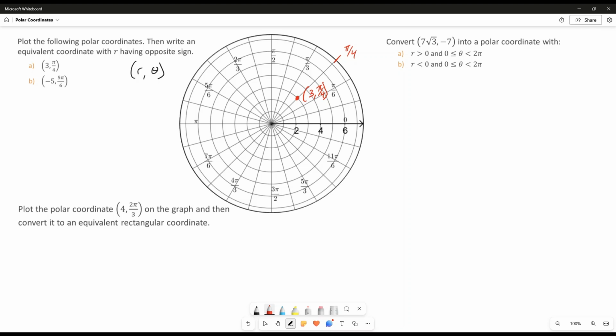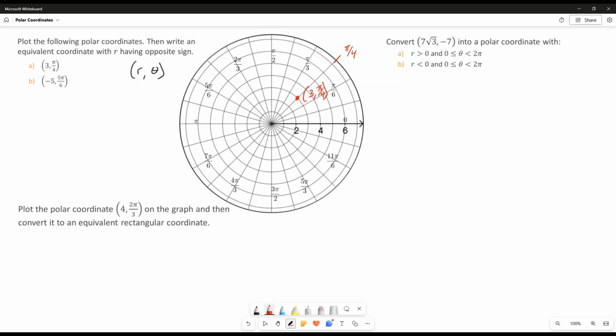So if we have a radius that's positive, it goes in the direction of the angle. So we saw in that first point, we had the pi over 4 angle. And so since the 3 was positive, we traveled 3 units from the origin in the pi over 4 direction. Well, if the radius is negative, then we're going to travel in the opposite direction.